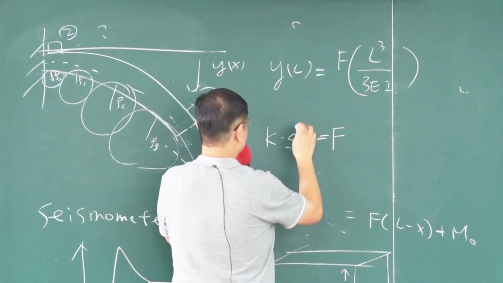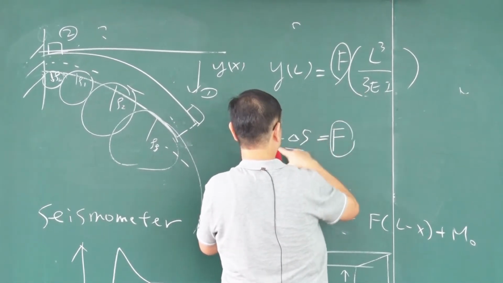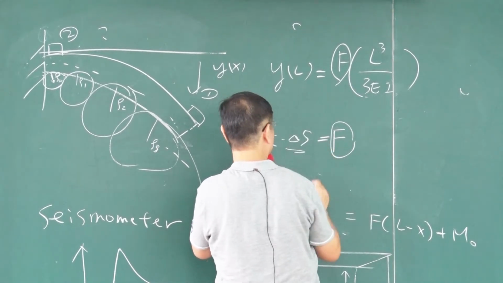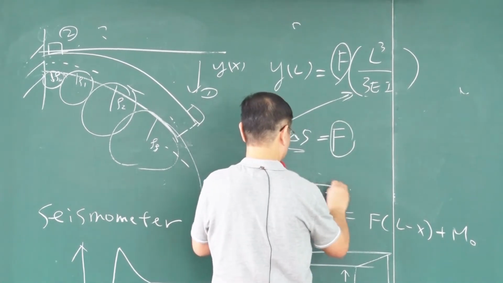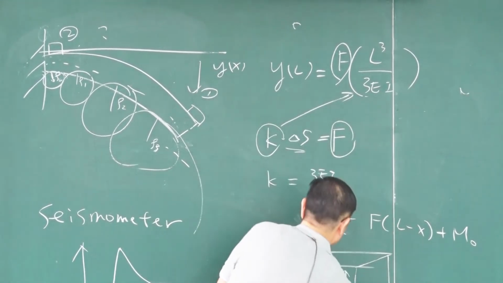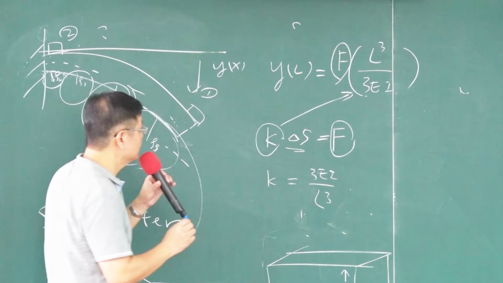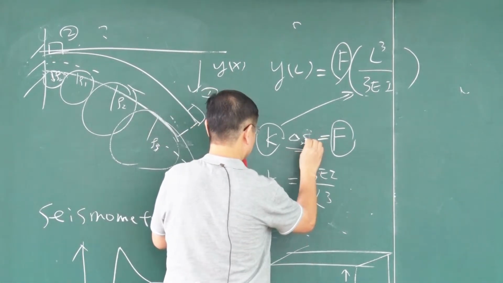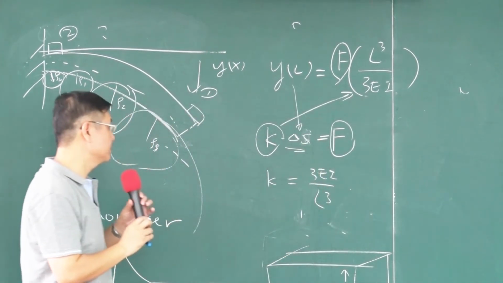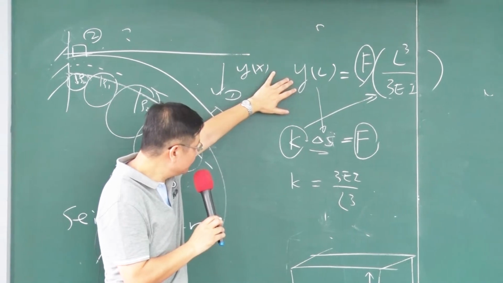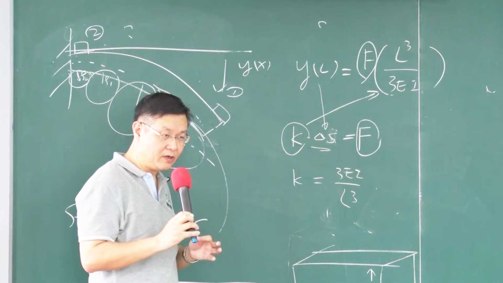So this part will be the k, and this will be the displacement, so you can replace k with this one in the cantilever system. It's Hooke's law. So the deflection in the cantilever can be considered as the elongation of the spring.